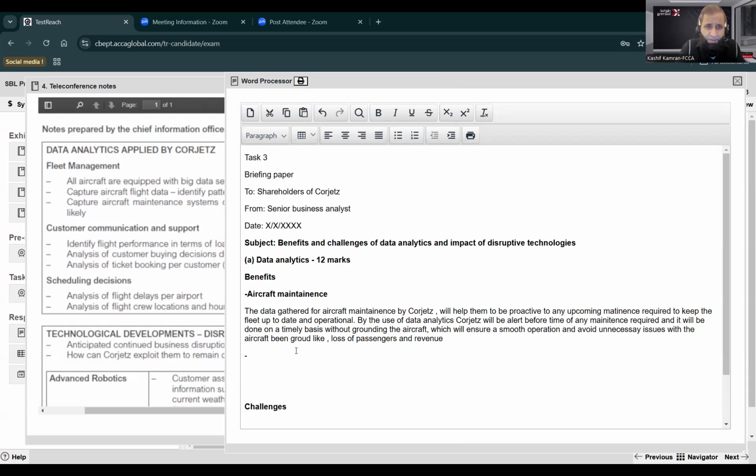Flight performance, number two, and you write under this: by using data analytics, Corjets will be getting data about each flight performance in terms of the load and revenue per passenger.